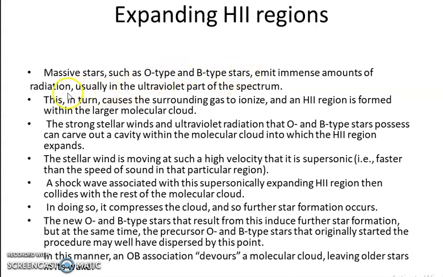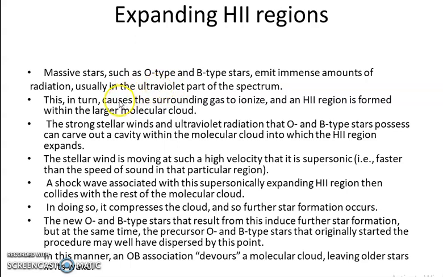They have high temperature, so they emit at high frequency. These stars usually emit in the ultraviolet part of the electromagnetic spectrum. We know that UV has a greater frequency than visible light.